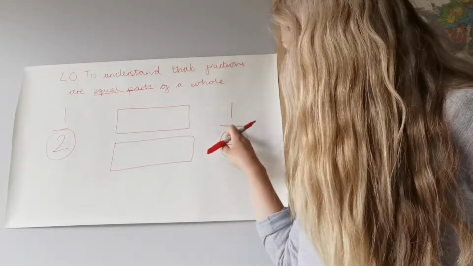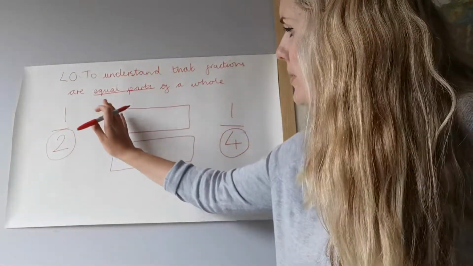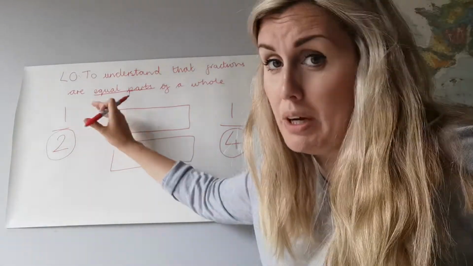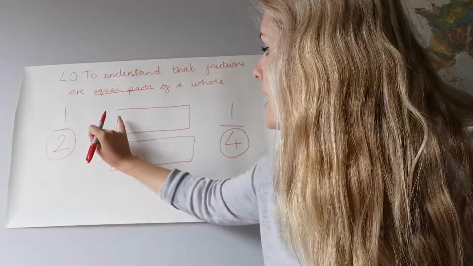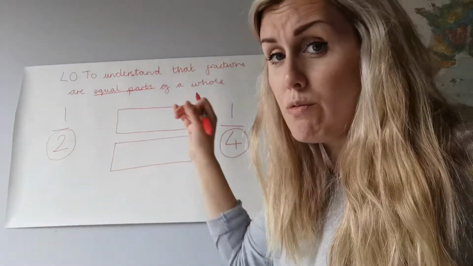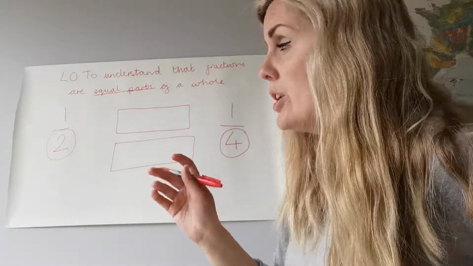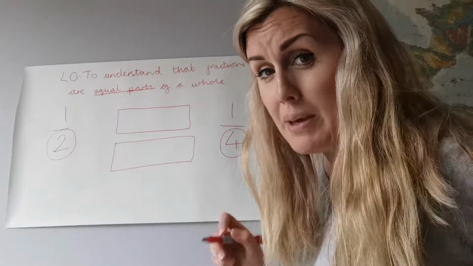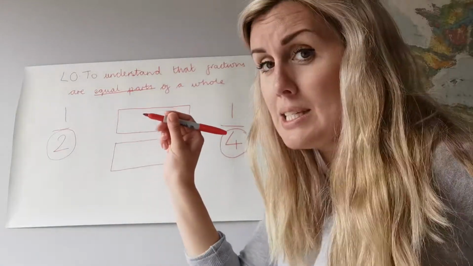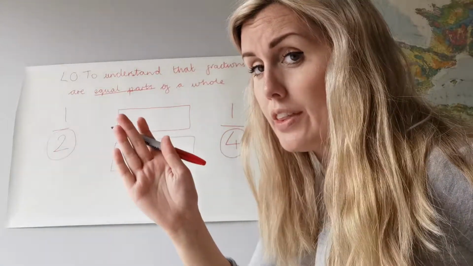So again, if I'm going to split this, let's pretend it's a chocolate bar again, so you really have to think about sharing fairly and splitting fairly. I'm going to split it into quarters. So visually, I'm going to think really carefully about what my quarters are. And actually, it might be easier if I split it into half first, and then I can half it again.